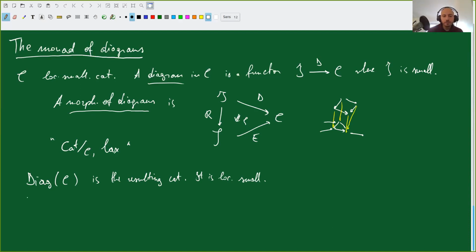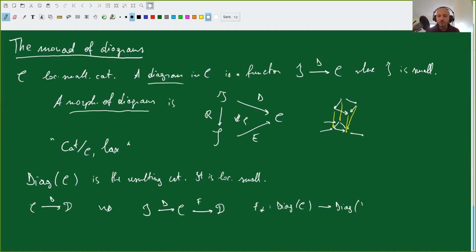If we have a functor from C to D, then of course a diagram in C becomes a diagram in D just by composition. So we usually call this F star, from Diag of C to Diag of D. And so Diag is a functor.